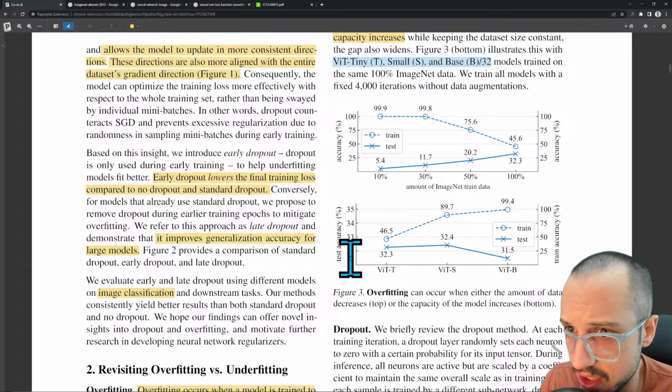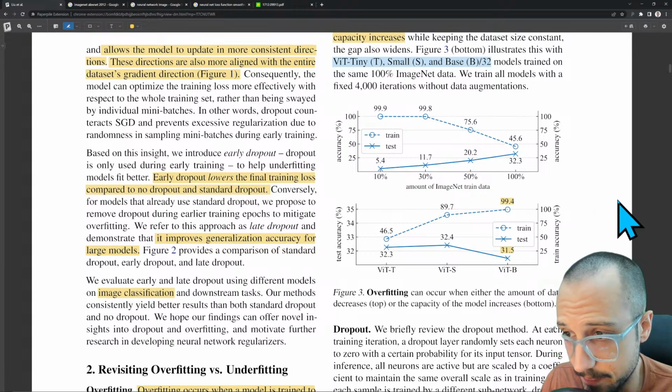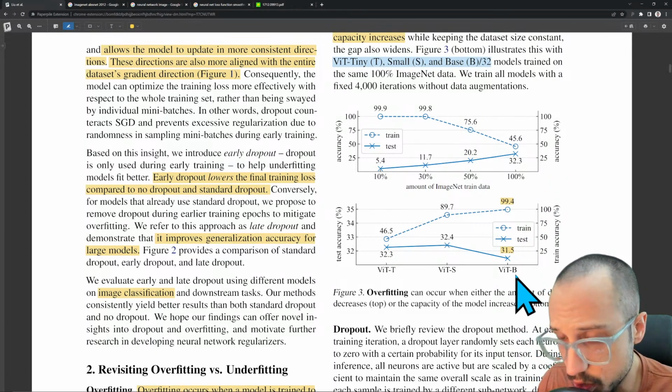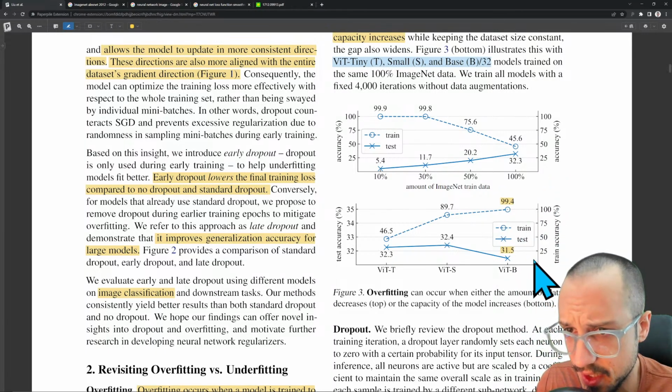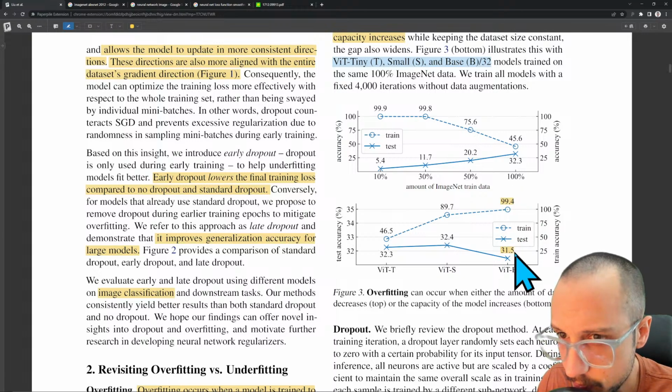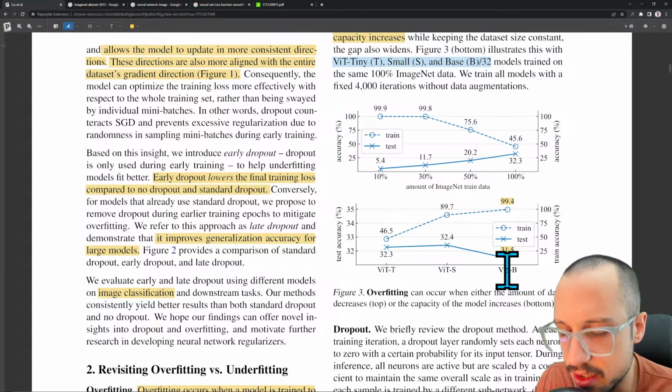So here's a better example of this. When you have a very high accuracy on your train data set, but a very low accuracy on your test data set, that means your model is overfit, right? That means, sorry, your model has effectively memorized the training data set, and it's very, very good at predicting on the training data set, but it doesn't have a good concept, it doesn't have an actual understanding of the problem itself.